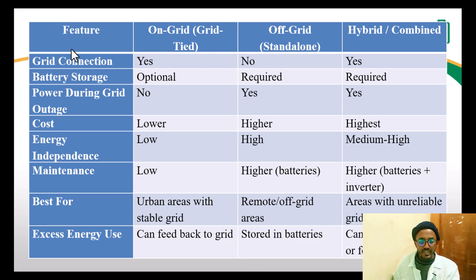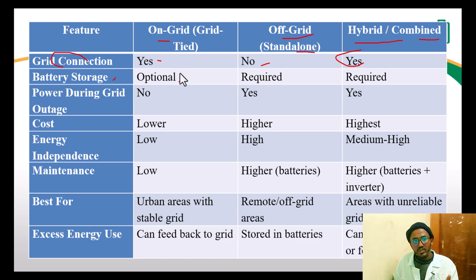So let's see their main difference. So the first one, grid connection. As I said before, if it is on grid, it's grid tied. If it is off grid, it's standalone. There is no grid here. And if it is hybrid, or as I said, combined, it's obvious there is a grid connection here. Battery storage in on grid is optional.